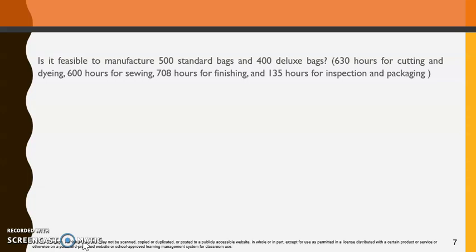What are the constraints? As we discussed before, 630 hours for cutting and dyeing. So if production of 500 standard bags and 400 deluxe bags needs more than 630 hours in the cutting and dyeing department, it would be impossible.